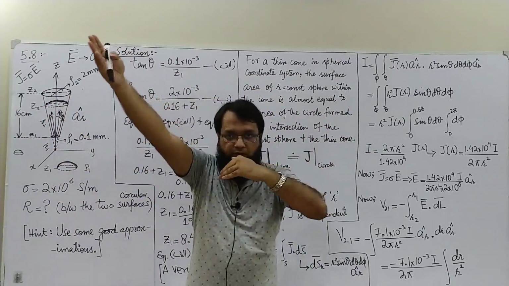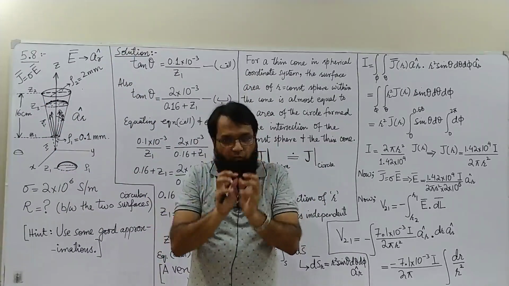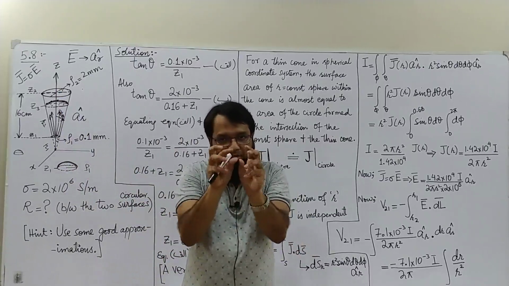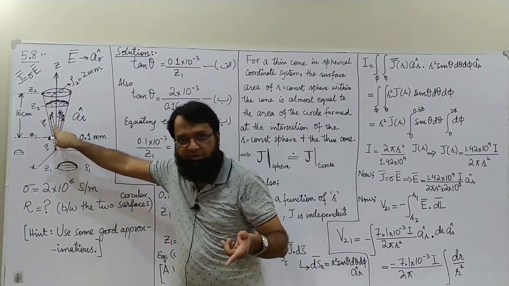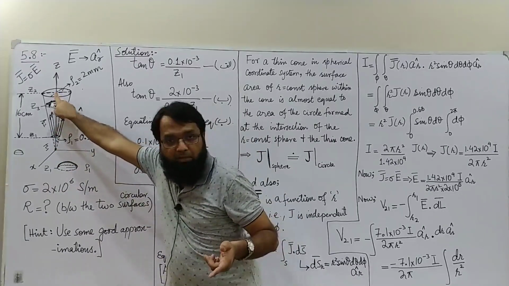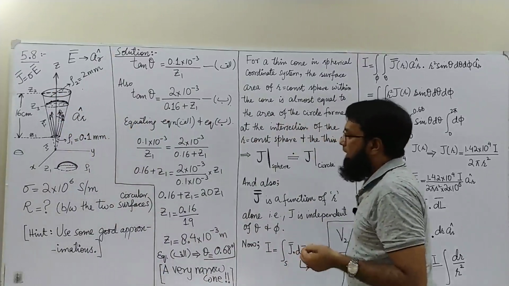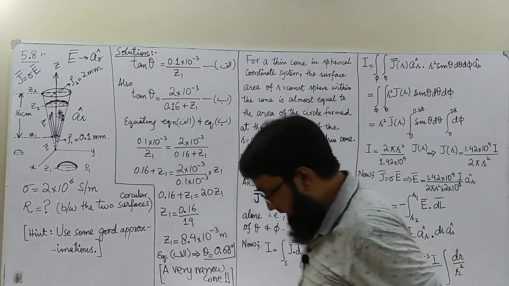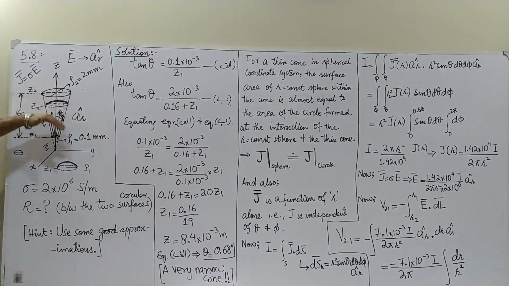If you decrease the value of R, the current flowing through this point towards that point will experience a smaller area. So current density will be higher here because area is smaller, and current density will be lesser at the higher levels of Z, or higher values of R. If R is increased, the current density will have smaller magnitude.